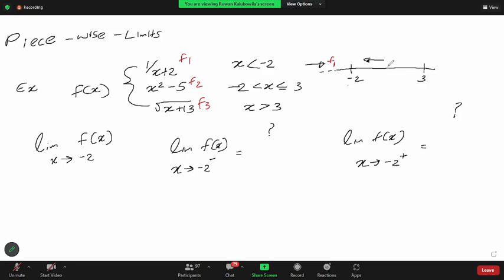If I am here and coming to minus 2 from the right end, then I need to consider f2, right?